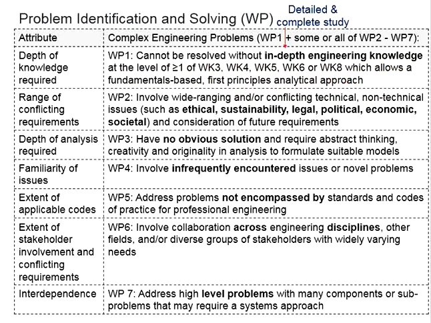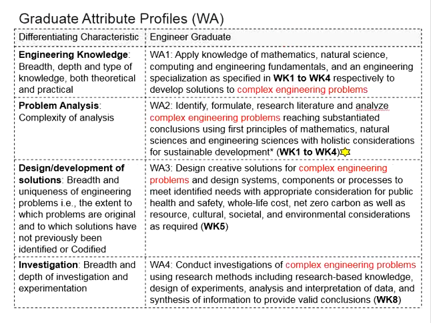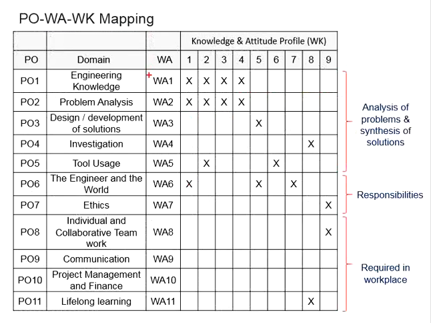Now let us talk about how you specifically apply this. First, there is a need for complex engineering problems under WA1. You know WA1, it will most likely be your PO1. You will have courses specifically designed attending to PO1.